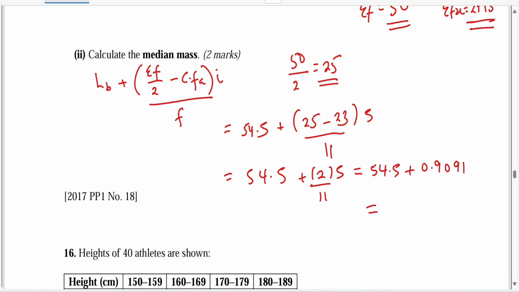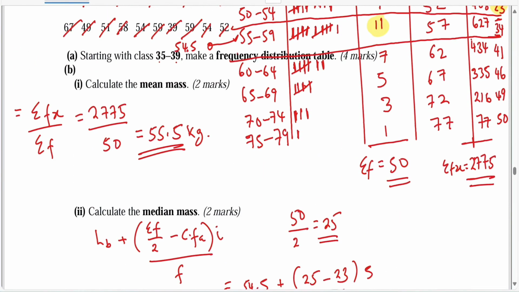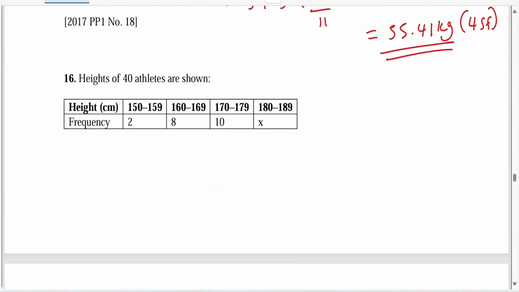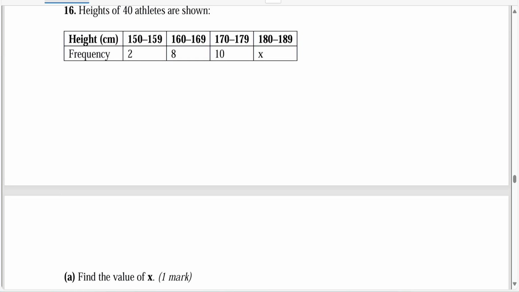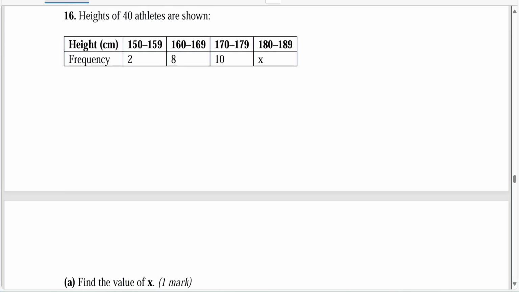If you add this up, it should give you around 55.41 kg if you round off to 4 significant figures. Okay, this is question 16: heights of 40 athletes are shown.